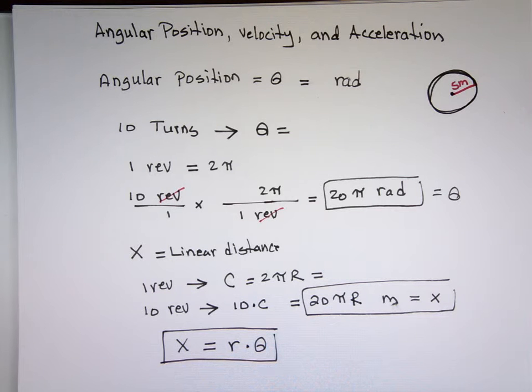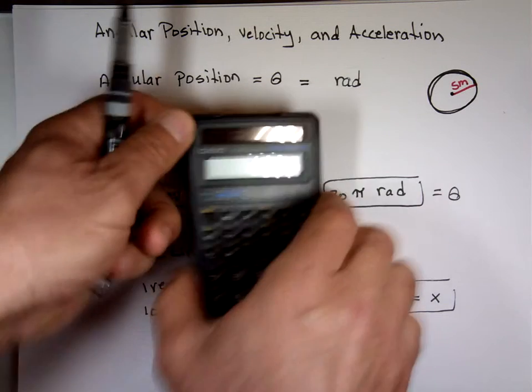Mine says DRG. If you hit it a couple of times, it switches from one to the next: radian, degrees, and gradient. If it says DEG, that's degree mode, so then click radian.